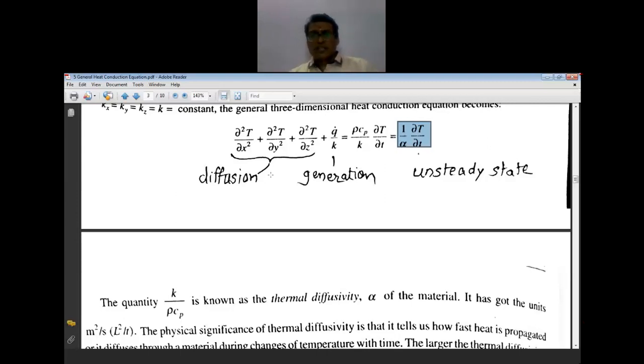That is called the Fourier equation. Unsteady state is not there, so only the diffusion term and the generation term are there in the Fourier equation. Then you have Poisson's equation. So these three different equations are to be taken into account: Laplace equation, Fourier equation, and Poisson's equation.